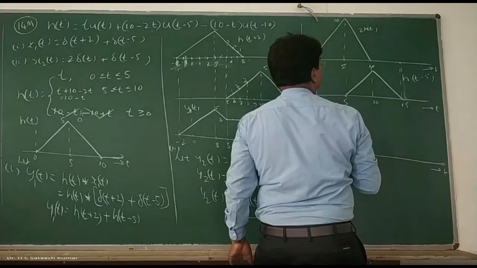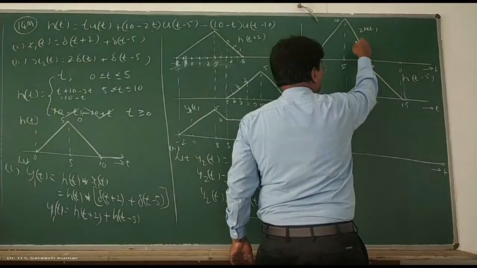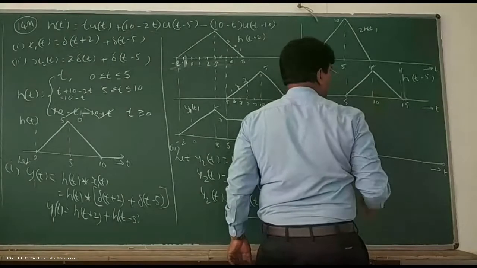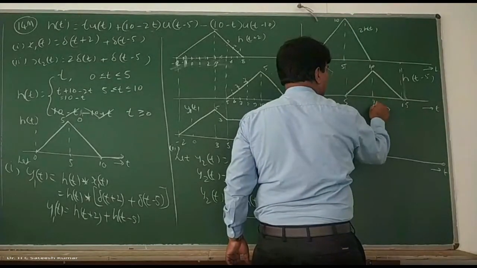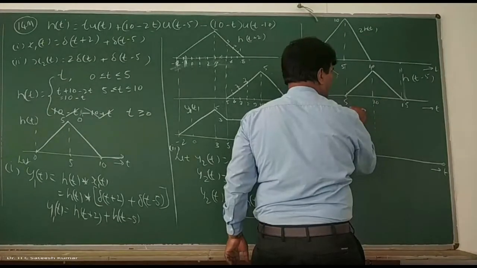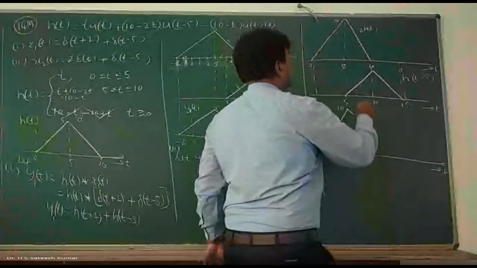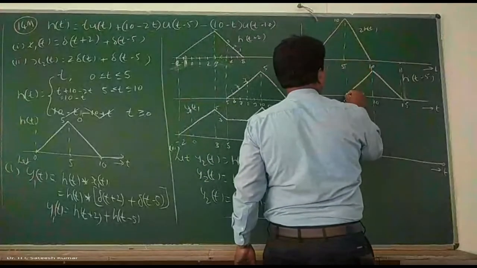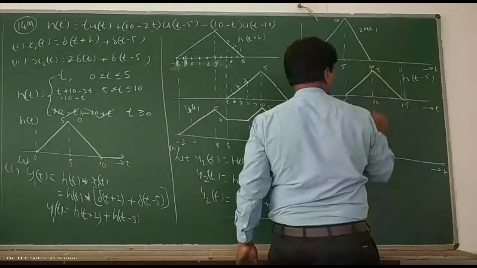Okay, right. So between 5 and 10, decrease by 10, increase by 5. Therefore, decrease by 5 up to this point. Decrease by 5 means it will be at this point. Endpoints: 0 plus 10 is 10, and this is 5 plus 0 is 5.